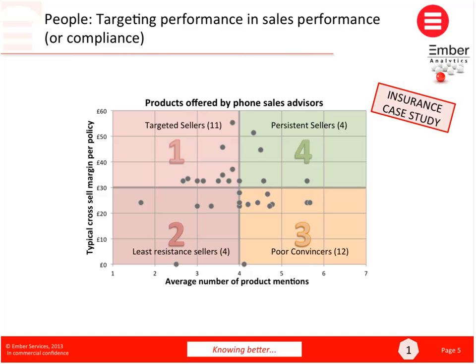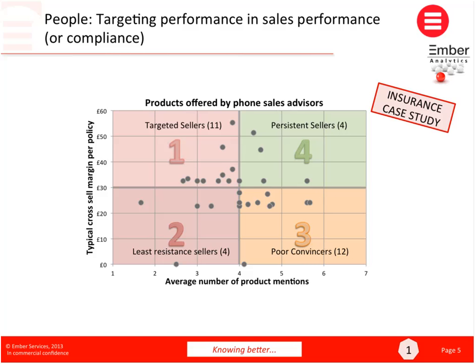So the implication is that these guys know what to sell, they hear it, they go for it. They are potentially our best agents, and we need to understand what it is they do, and get them coaching other agents or bottle it and take it into training.